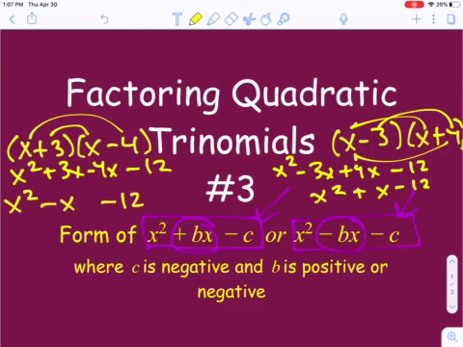So when we do these problems, we're going to have to be able to think, well, what's the difference between adding negative 3 and positive 4 as opposed to adding positive 3 and negative 4, and what does that do? So it's a lot of integers and just kind of keeping things straight like that. But it's still basically the same process of what we were doing. And remember, this is with having a leading coefficient of 1.